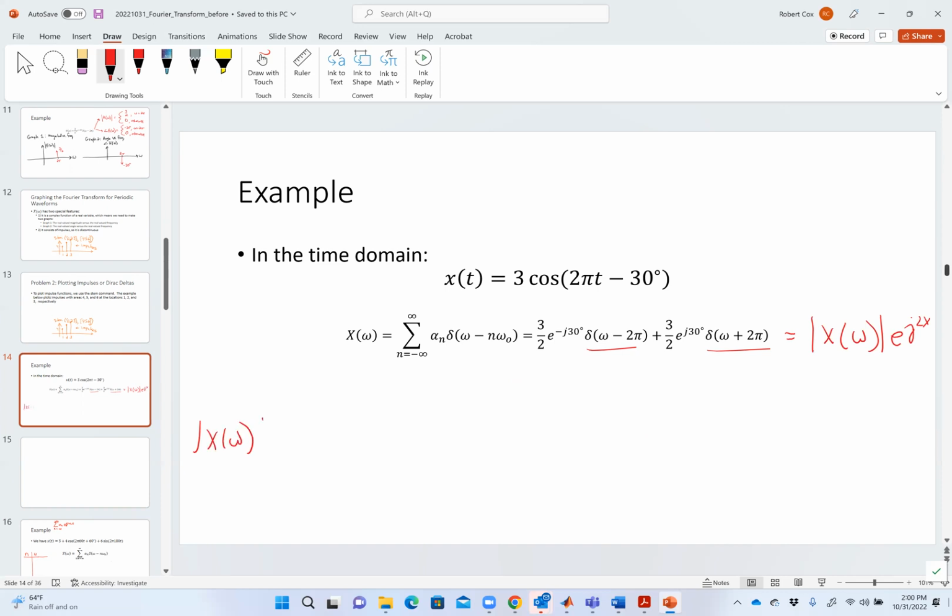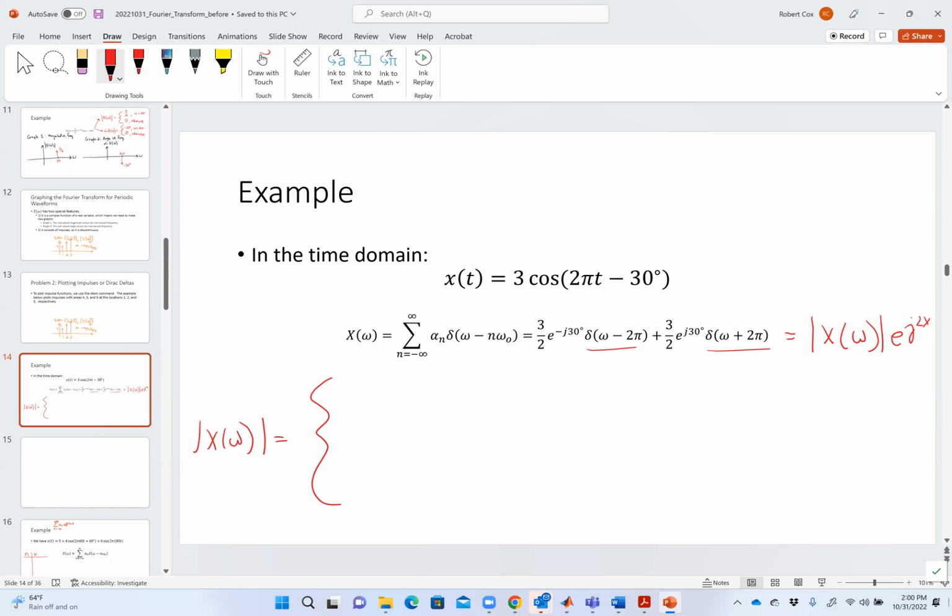I want to think of it as a piecewise function. Where does x of omega have stuff going on? At what 2 frequencies will I have information?